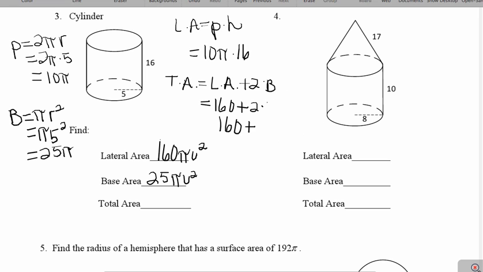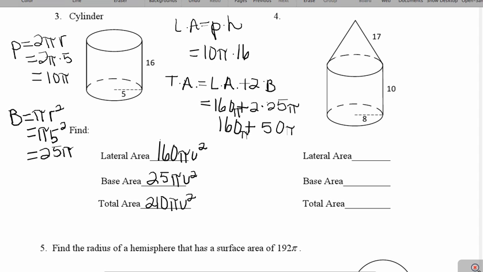I'm working a little fast. The area of the base was 25, not 50. So 2 times the area of the base is 50, to get that final answer of 210 pi units squared. And those should both have pi's with them. And there we go.